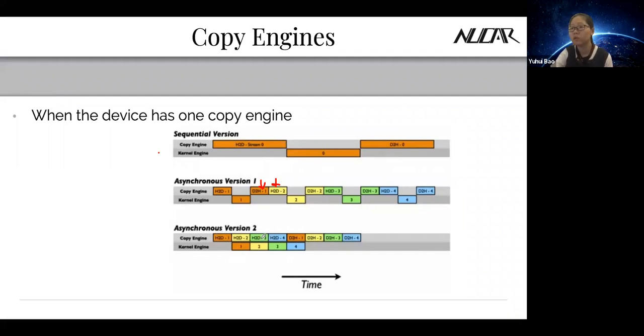So in this case, when the copy engine finished the first host to device, the next one scheduled into the engine is directly the host to device in stream 2. That's why in this case we have at least a 1/3 performance improvement.